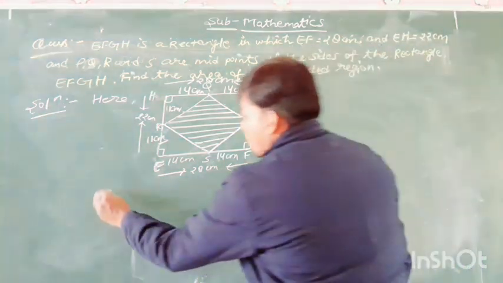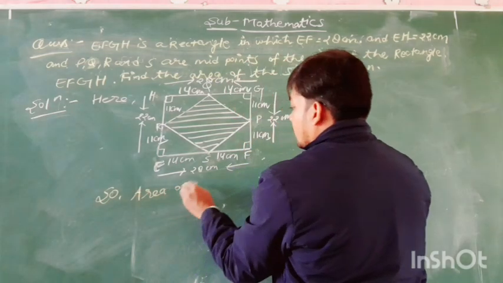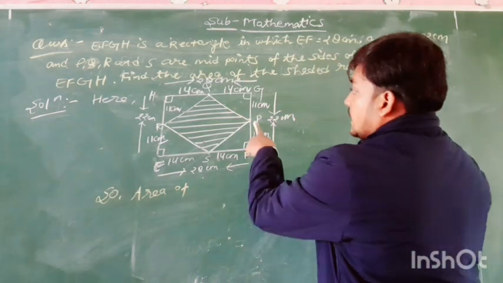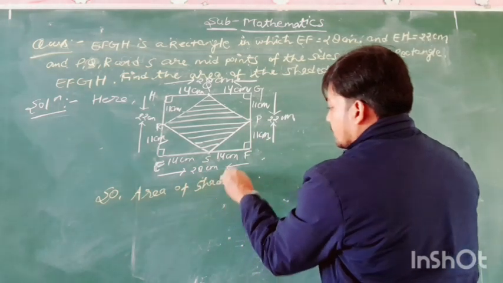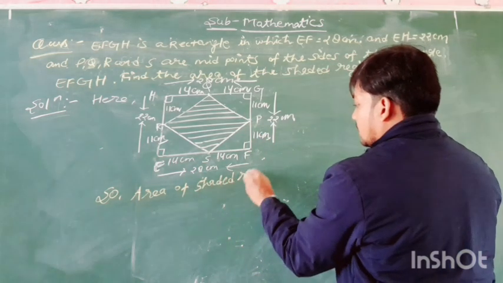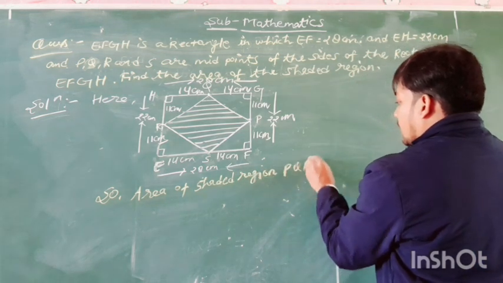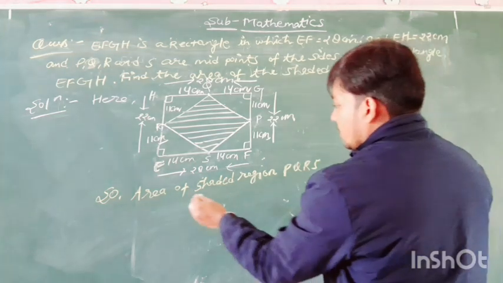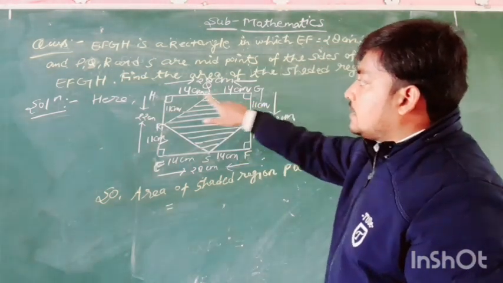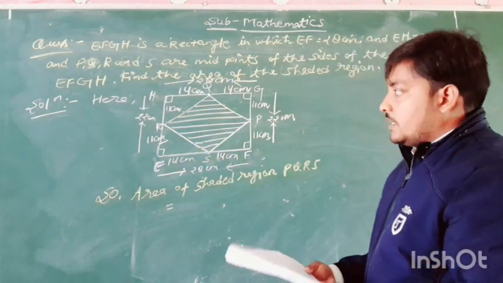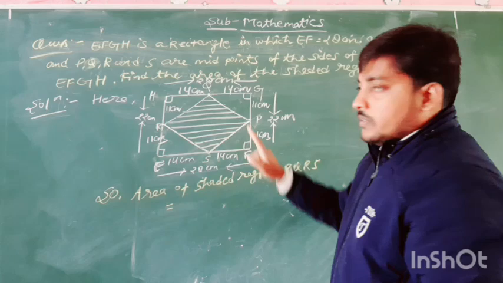So area of shaded region PQRS is equal to, here area of these triangles are equal, because these triangles are congruent.